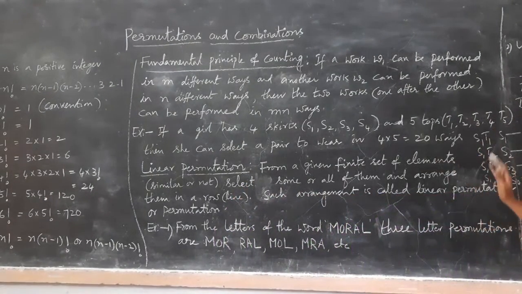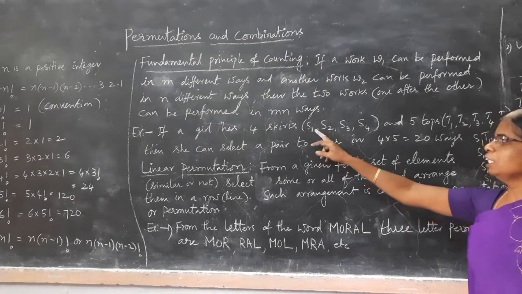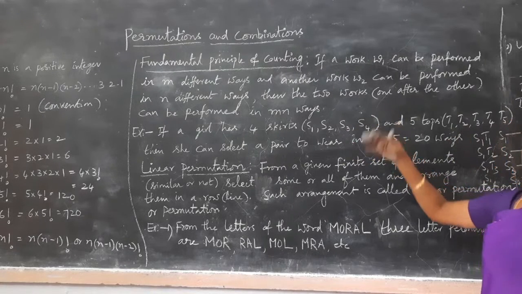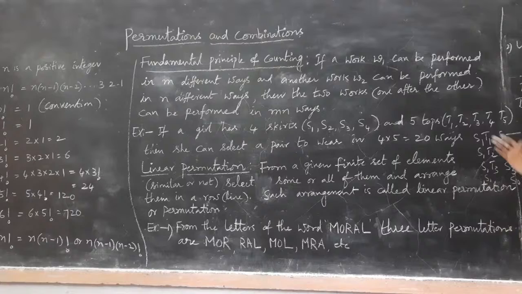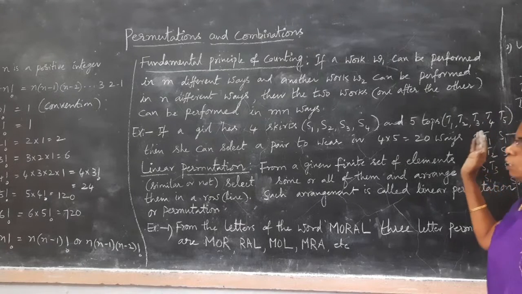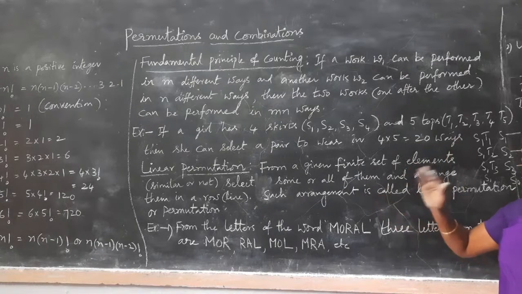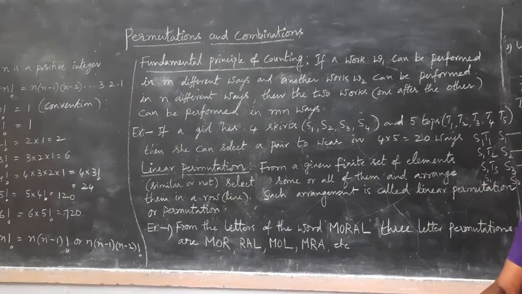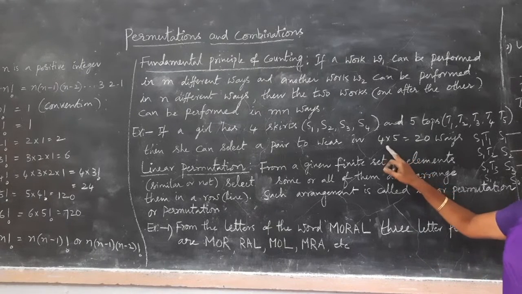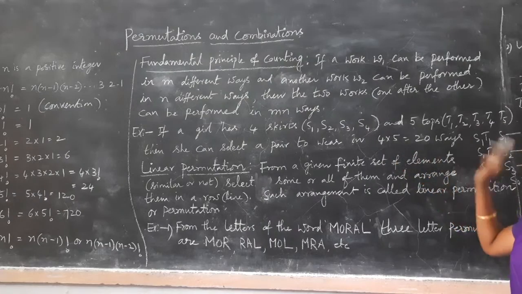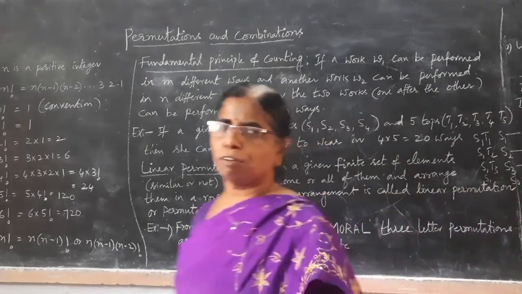What I am telling, please observe. Without writing all the arrangements, all the possibilities, in this way we would have to list them out. Suppose, for example, these skirts or tops are in a much larger number. Then writing all these explicitly, all these arrangements and pairs, showing all of them, it is tedious work, a difficult classwork. So we don't expect all that. We just say how many ways she can select a pair, so that we can find the number of all possibilities. Okay, 4 into 5, 20 ways. This is the magic of permutations.